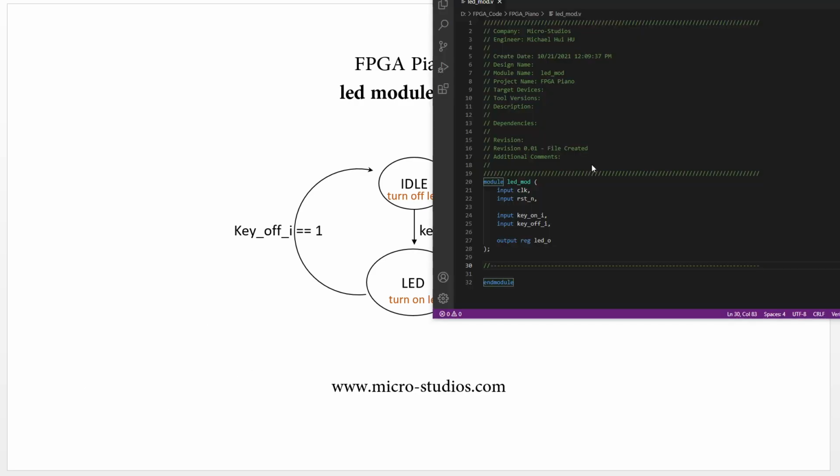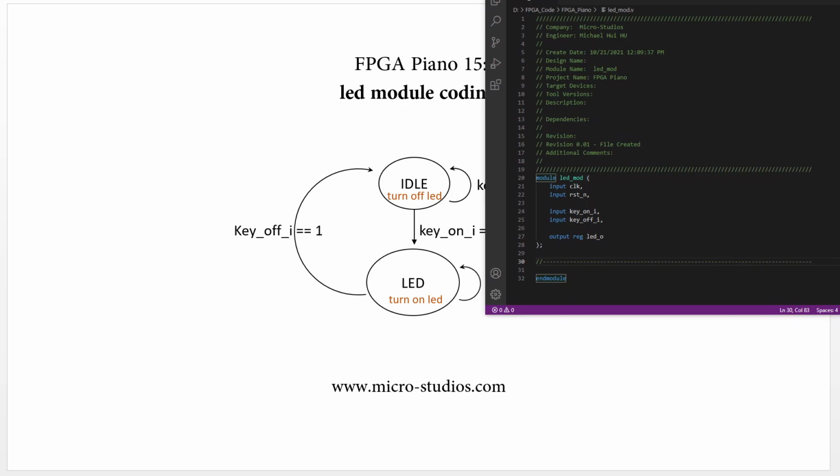We use local parameters: one state is idle, the value is 2-bit 01, and another one is LED, and the value is 2-bit 10.